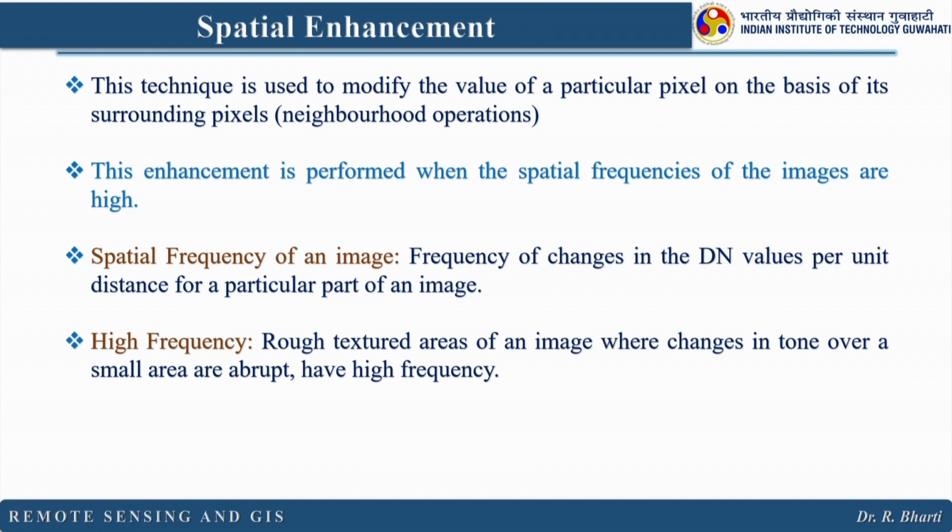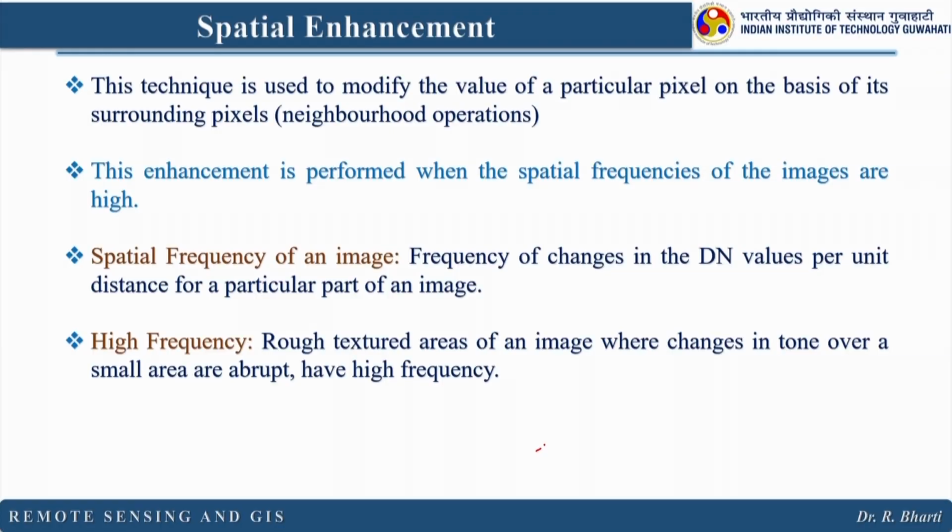So when we say high frequency image, it is a rough textured area of an image where changes in tone over a small area are abrupt. That means if this is my image and it is having this kind of behavior, what is happening here?